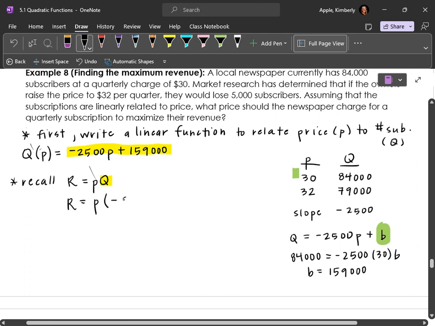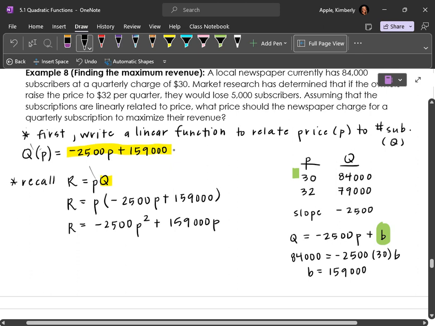So we're going to plug that in, P plus 159,000. Let's expand this and distribute that P so that we can actually see the quadratic we're looking at. This will be P squared plus 159,000 P. And so you'll see that this is a quadratic in the general form, right?